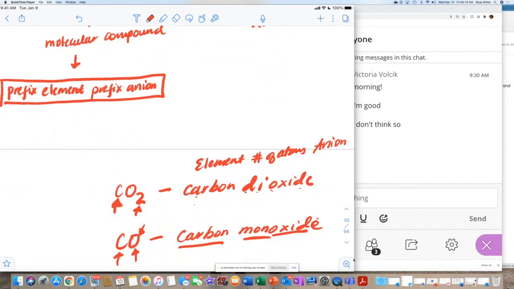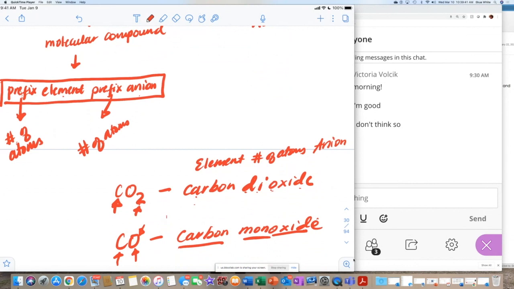Okay, let's see the element. I recognize the element name here. Wait, looking at this, am I not missing the first prefix? Why didn't I say, oh, I need to say this right here. This prefix tells you the number of atoms. So you've got number of atoms, element, number of atoms, anion.